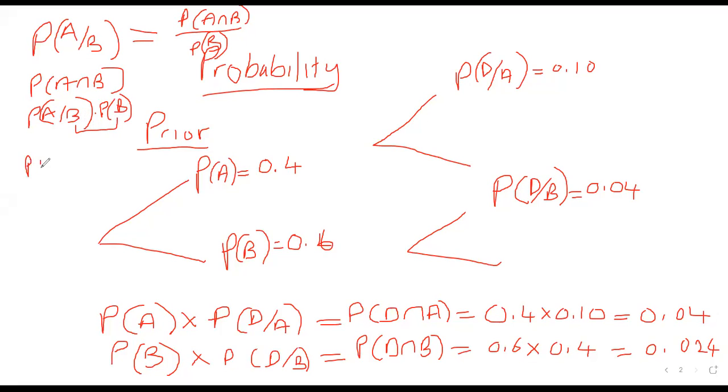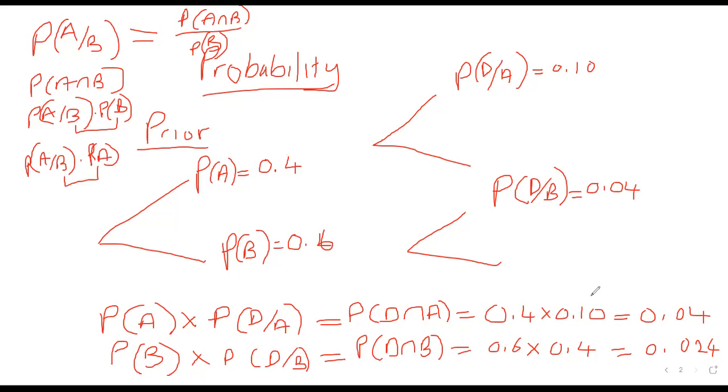So A given B multiplied by probability of A cannot be an intersection, because these two are not the same. In short, D given A times A becomes the intersection. D given B times B becomes the intersection.